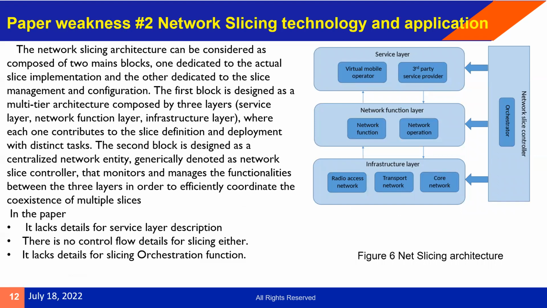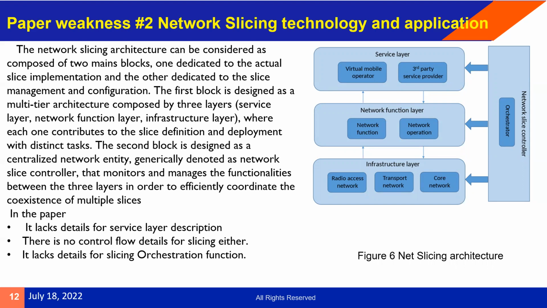Paper weakness number 2, network slicing technology and application. As you can see on the diagram here, the network slicing architecture can be considered as composed of 2 major blocks, one dedicated to the actual slicing implementation, and the other dedicated to slice management and configuration.